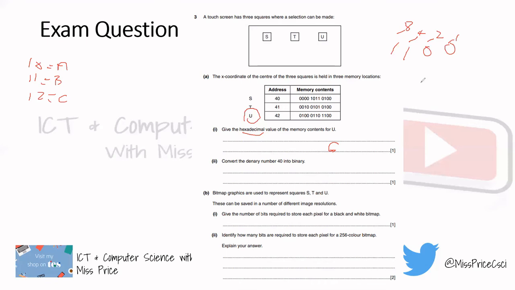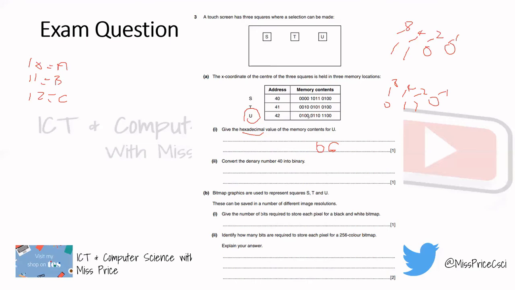Then I'm going to do the same thing for this one: 0, 1, 1, 0. We know that's 1, that's 2, that's 4, that's 8. 2 add 4 is 6.